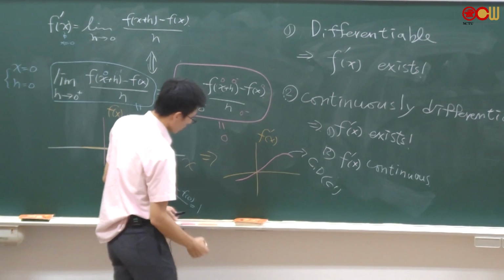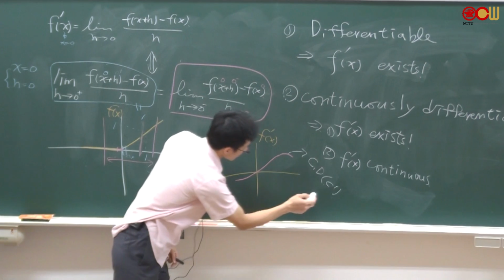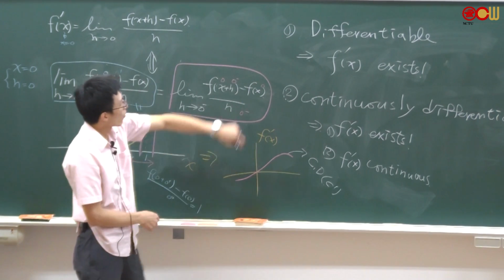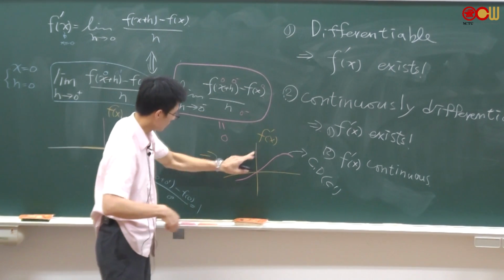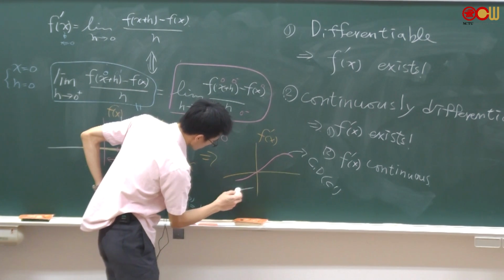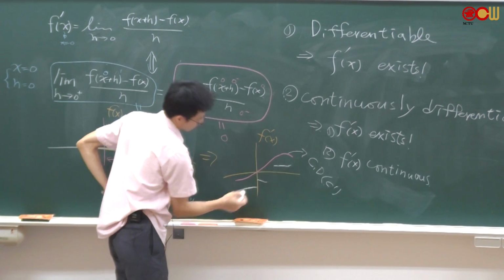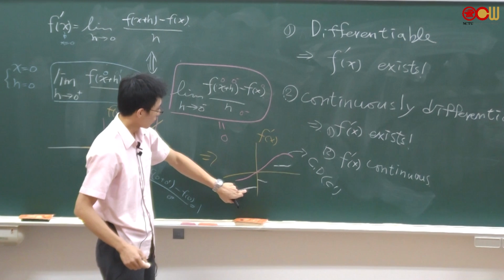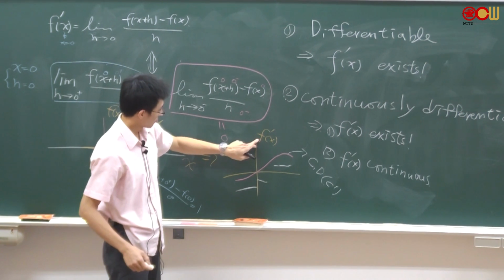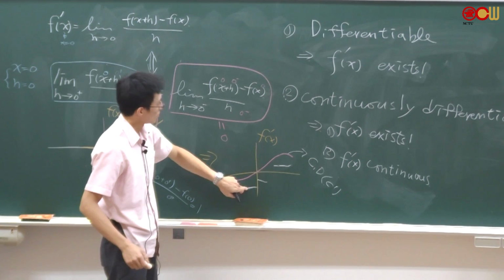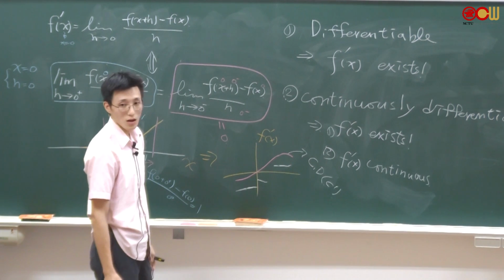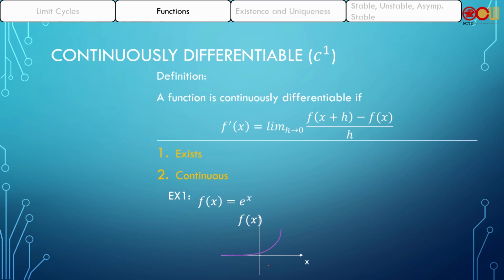Continually differentiable. But what does a differentiable function look like in here? It might be this and this. Some function whose derivative is only differentiable. It is a continually differentiable, a C1 function. Okay, continuous.